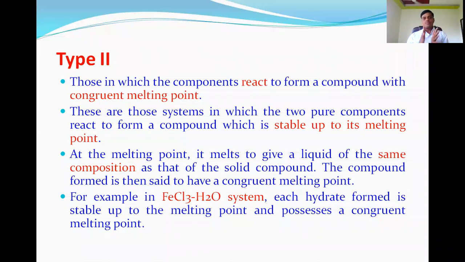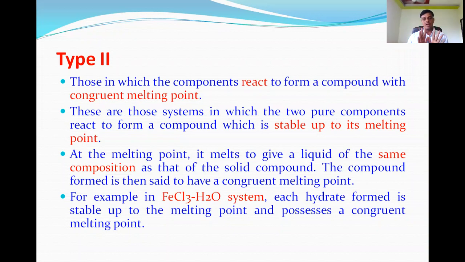What does it mean? The system in which two components react to form a new compound is stable up to its melting point. म्हणजे आपण हीट देत गेलो तर एकदा तो कंपाऊंड तयार झाला आणि परत आपण हीट देत गेल्यानंतर त्याचं टेम्परेचर वाढत जाईल. एक असं टेम्परेचर येईल जिथं तो नवीन तयार झालेला सॉलिड मेल्ट होईल आणि त्या मेल्टिंग पॉइंट पर्यंत तो त्या सिस्टीम मध्ये स्टेबल एक्झिस्ट करतो. त्या अशा सबस्टन्सला काय म्हणतात, the substances with congruent melting point.